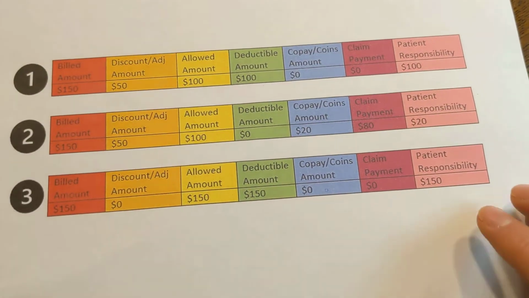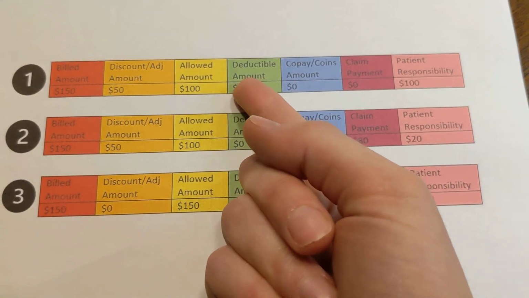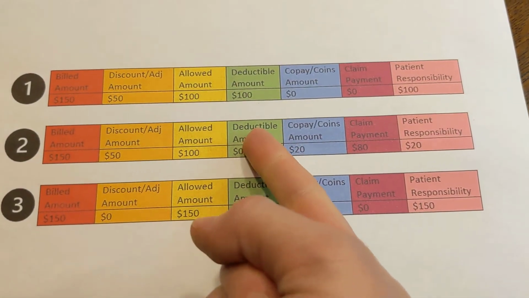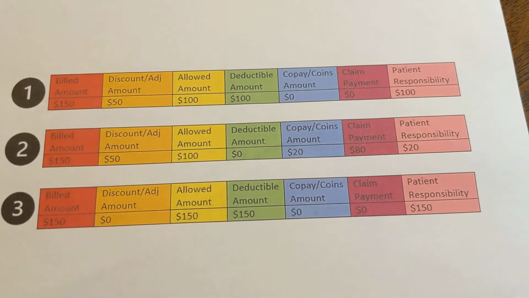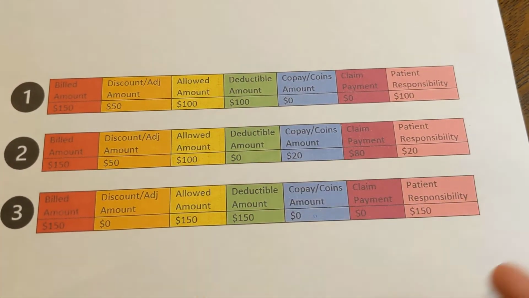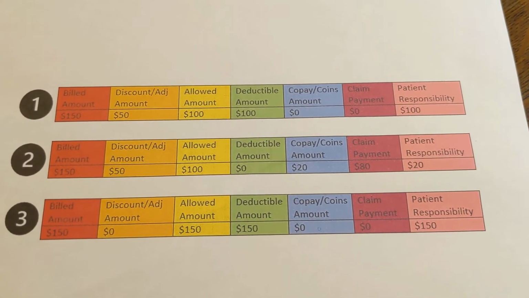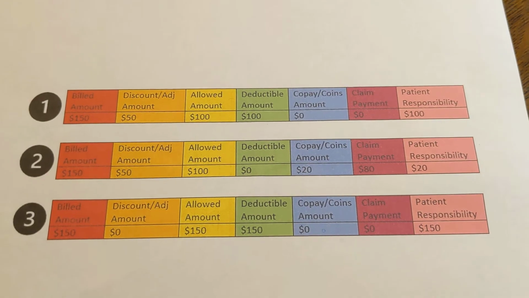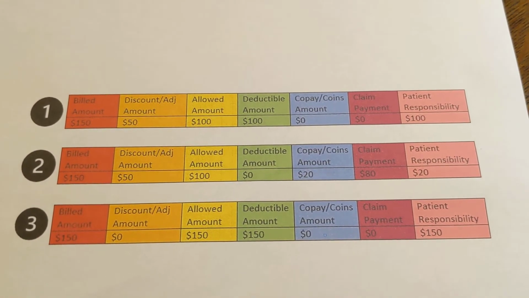If you just call and say, hey, what's my copay? They might say, well, you don't have one, but you actually have a deductible. Or they might say, well, you don't have a deductible, but you actually have a copay. Or you owe whatever percentage of the contracted rate. Well, what's the contracted rate? It just gets real confusing and can be frustrating, even on my end when I make these calls for clients, and even more so when you're the patient.